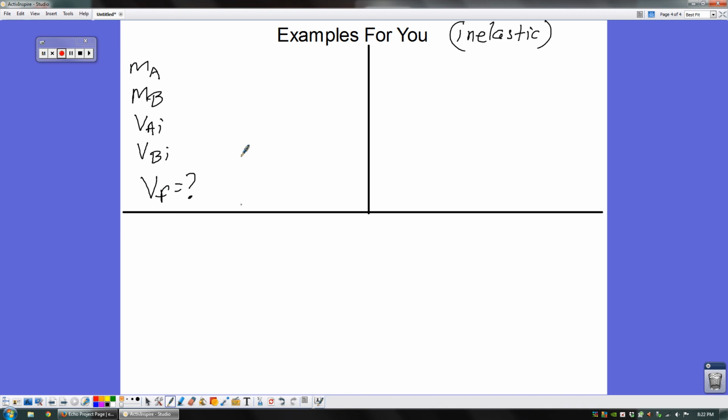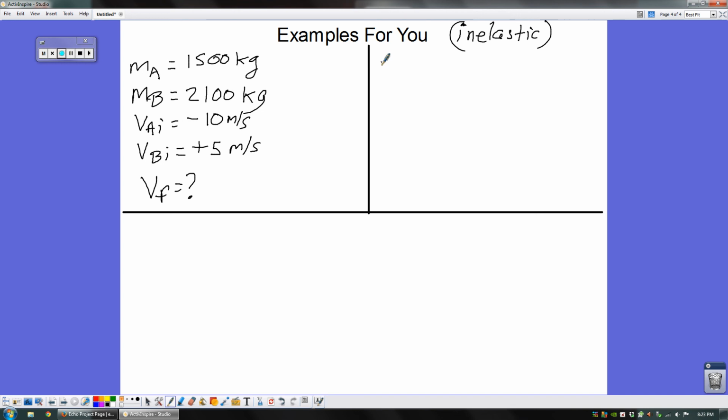That's just like the one we just did. We're going to say 1,500 kilograms and 2,100 kilograms, going at a velocity of negative 10 meters per second, and going at a velocity of positive 5 meters per second. They collide inelastically. What is their final velocity?